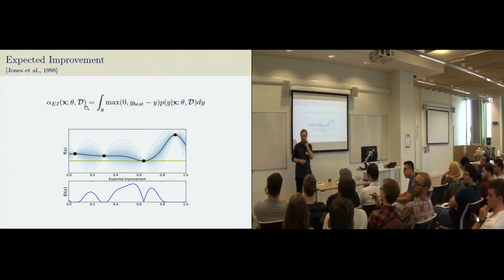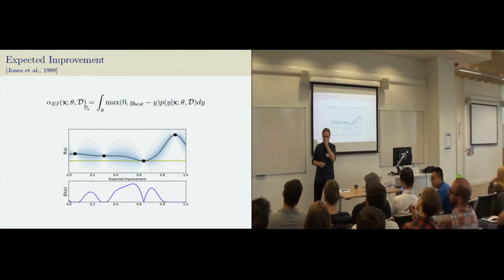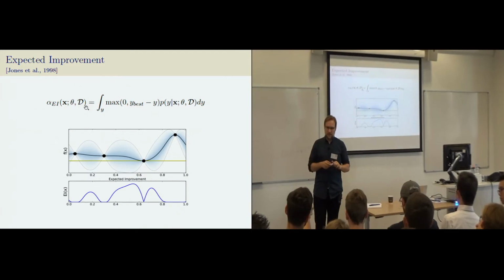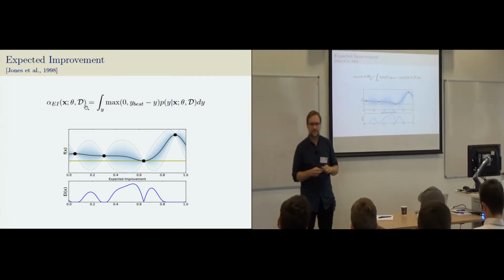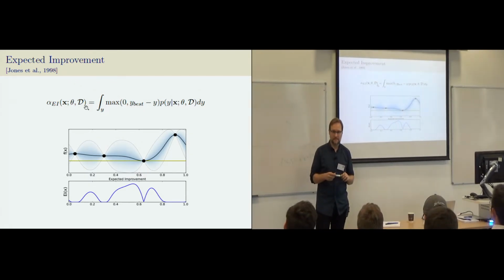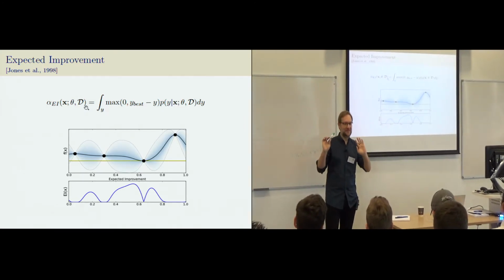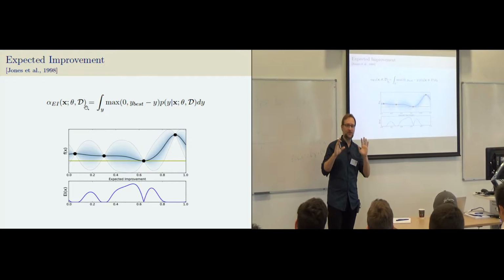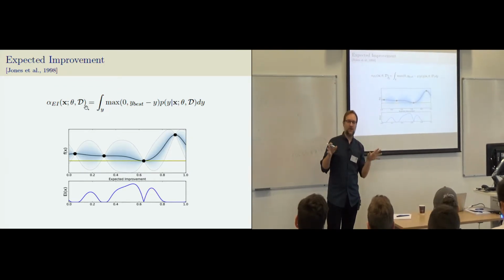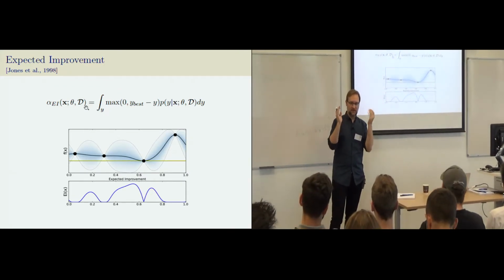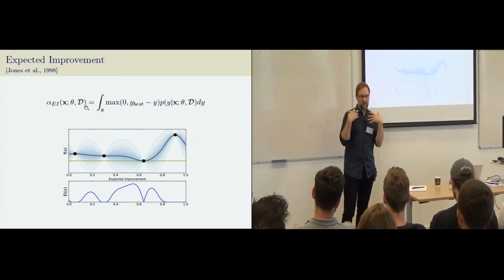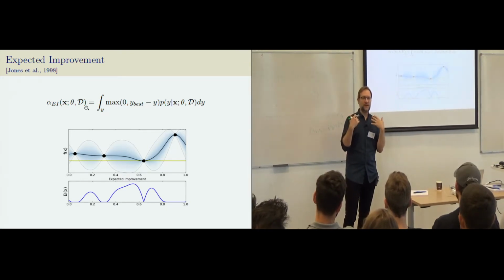Yep. One more question. I'm just thinking a bit about the philosophical implication of this approach. What we're saying initially is that our function is high dimensional, so we don't know anything about it. We are not saying it's high dimensional. It can be. In principle, this type of methods are proven to work well when the dimensionality is not very, very large. So when we use them to optimize a neural network, we don't optimize the weights. We optimize the hyperparameters of the neural network.